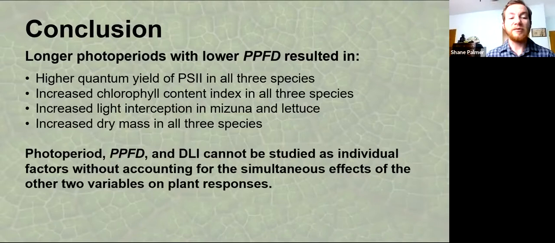So the conclusion from this is that this is supporting the fact that photoperiod and PPFD and DLI are all interrelated to one another. And you can't really study one without taking at least one of the others into account and then maybe controlling for the third, because they all have simultaneous effects on each other.